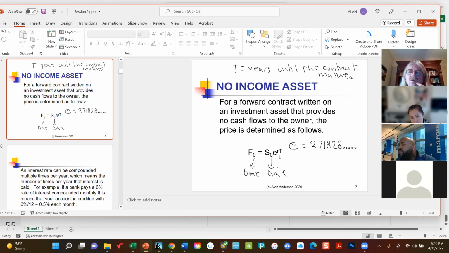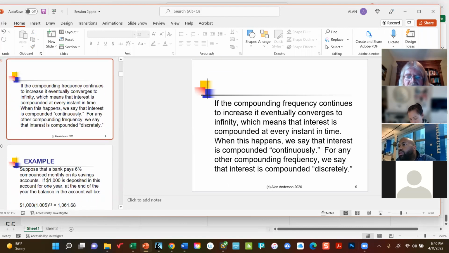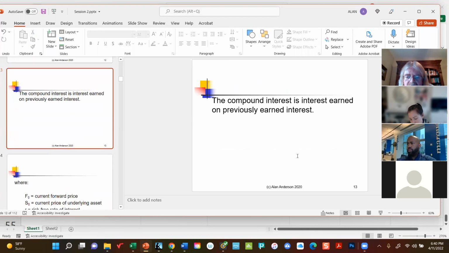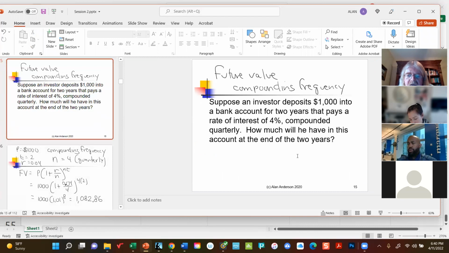Okay, so right there, it's the same formula, except that it's S0 instead of P. It's still a future value. So that's all it is. It's the future value of the spot price when interest rates are compounded continuously. I think there's a numerical example in here somewhere. Yeah, here it is.